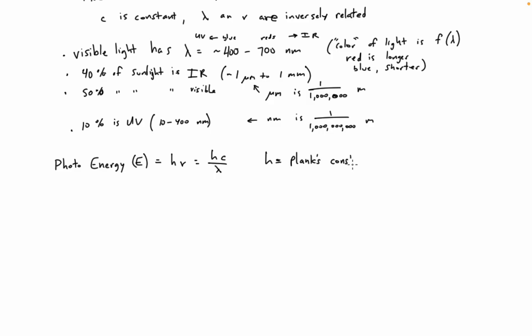So h is Planck's constant. It's around 6.63 times 10 to the minus 34 joule seconds.